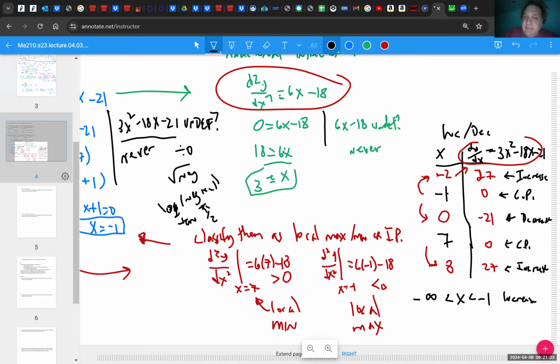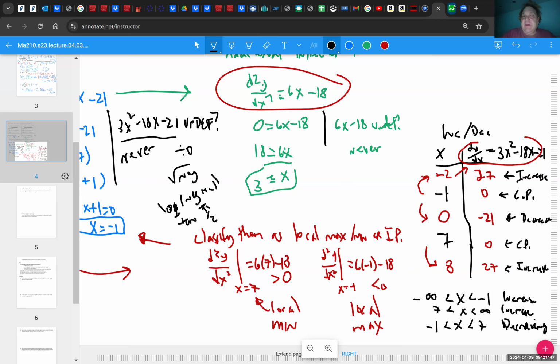Then we have from -1 to 7. That was a decreasing section where the derivative was negative. And then from 7 and beyond, so I'll just write it up here, from 7 and beyond, we have also increasing. So we have 2 increasing sections and a decreasing section.